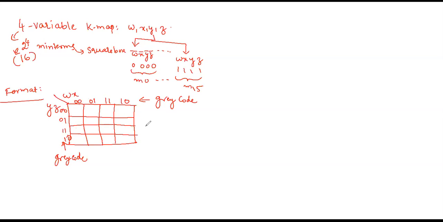Identify which minterm each square box belongs to. This is M0 minterm, M1, M3, M2, M4, 5, 6, 7, 8, 9, 10, 11, 12, 13, 14, 15. This is the format.